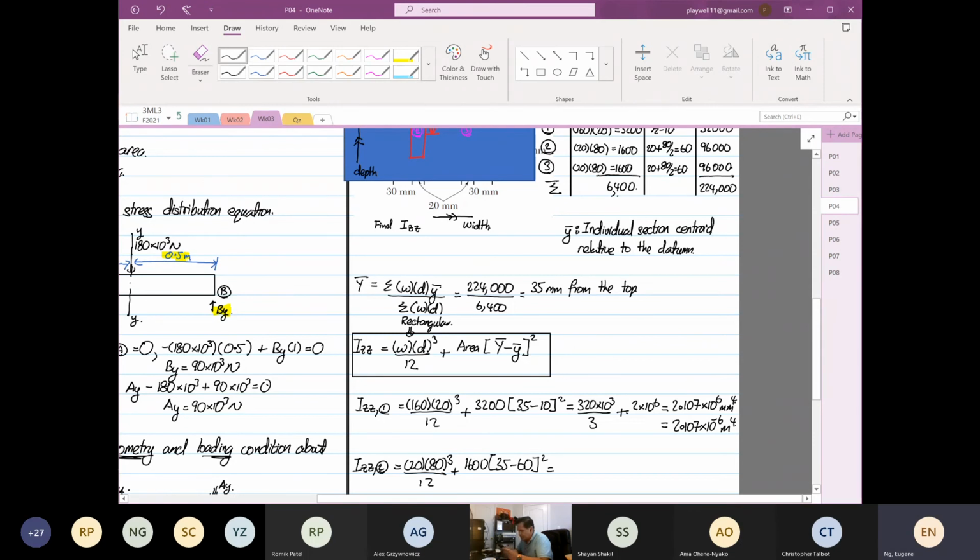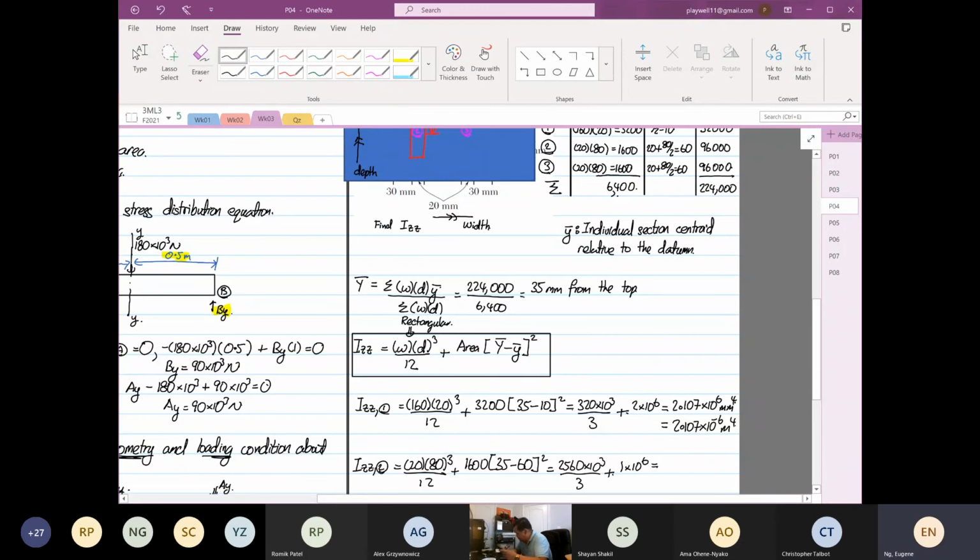So 20 times 80 to the power 3 divided by 12 is equal to 2560 times 10 to the power 3 divided by 3, plus 35 minus 60 squared times 1600, which is 1 times 10 to the power 6.